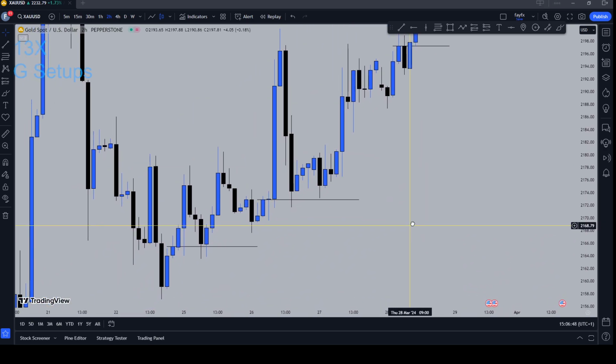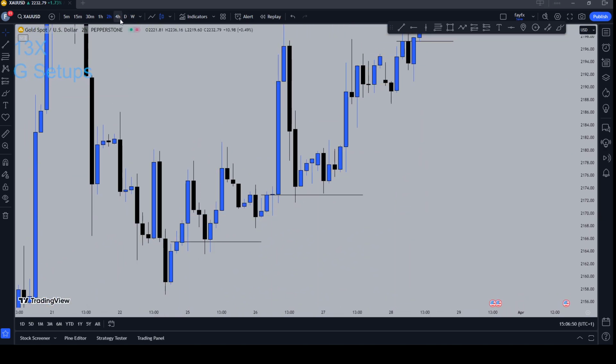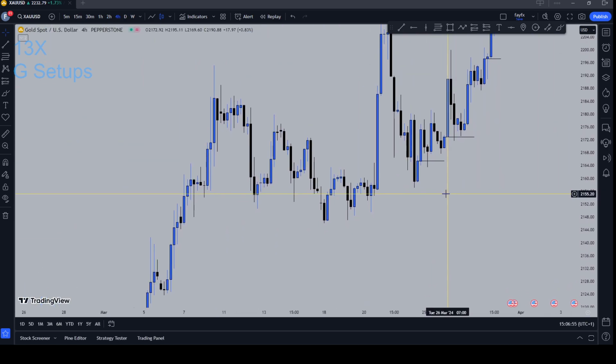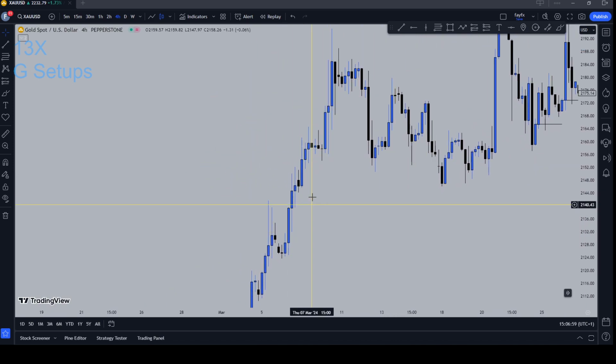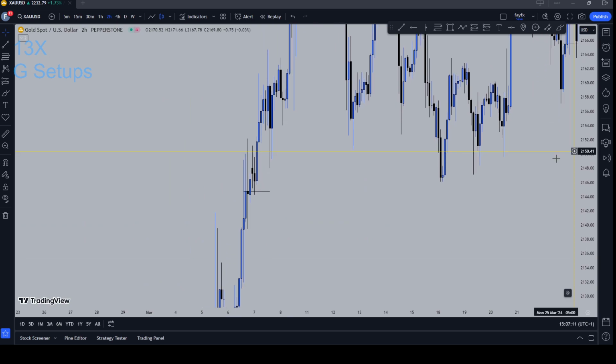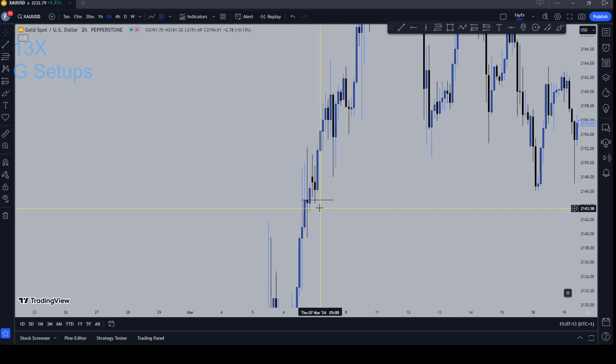Let's find more examples. I remember I took them. This one, I think, yeah, I did take it. We have a gap on H4, and when we go one time frame lower, we are going to find a direct breakout. A level got formed and broken at the same time.